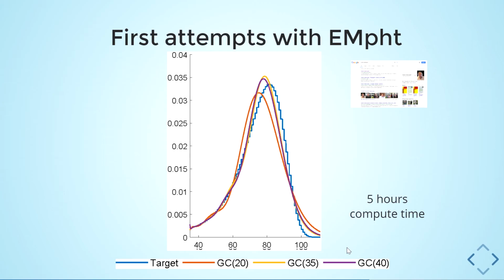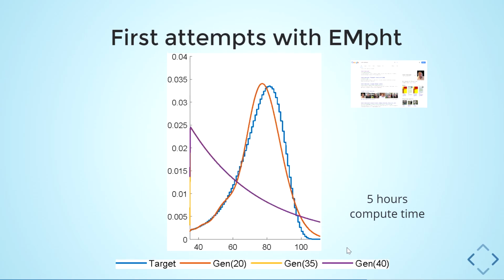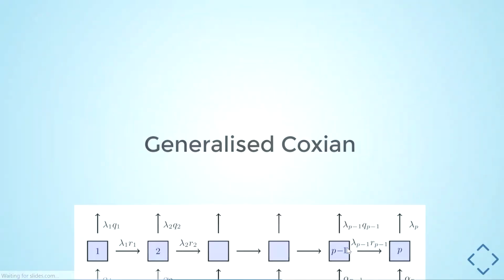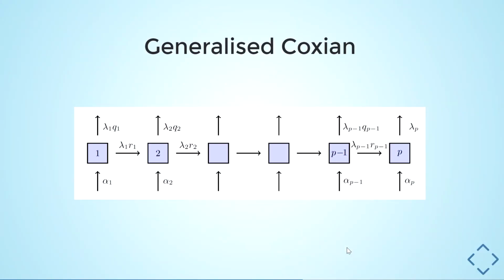Because, for instance, mixture of Erlang is a particular type of phase type, and they are known also to be dense. So some people might tell you, why would you work with such a sophisticated structure instead of just using a mixture of Erlang that everybody understands and then fit that. It's actually done a lot in actuarial science to model claim sizes.